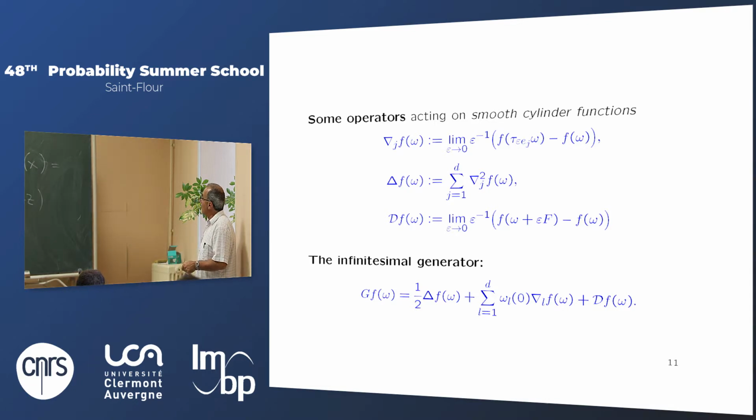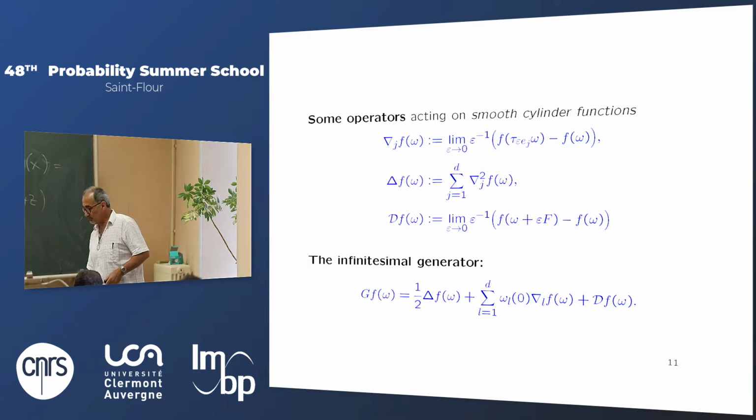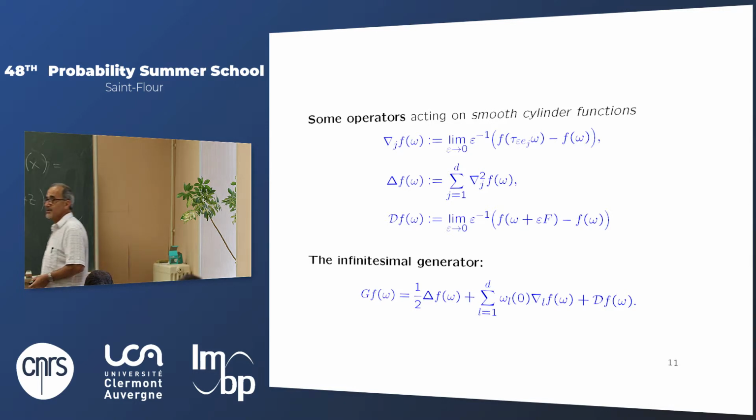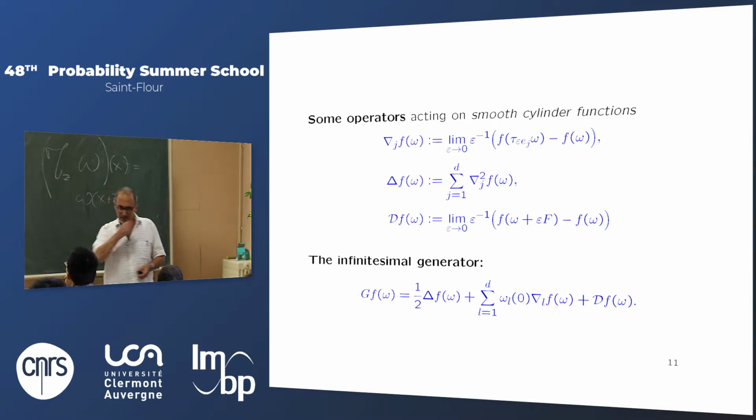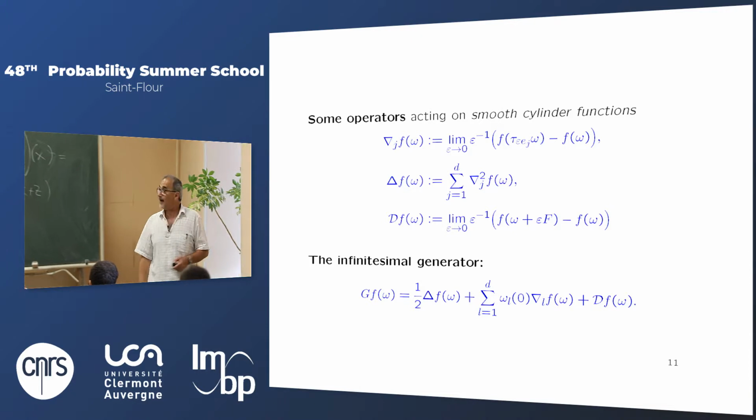Define a type of Laplacian for these functions, namely the operative definition is what you see here. I could give you a more highbrow coordinate independent definition, but that's good. And a different type of thing is, for those who know some Malliavin calculus, a directional derivative.